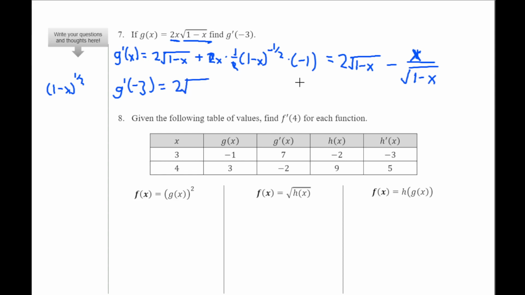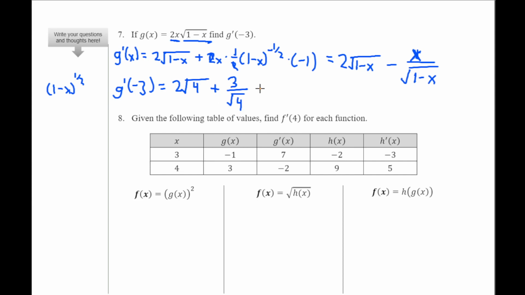2 square root of 1 minus negative 3 is positive 4. So 2 times root 4. Minus negative 3, so I'll just do plus positive 3 over square root of 4 again.